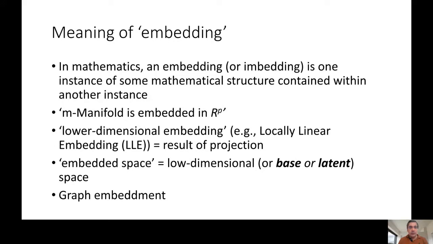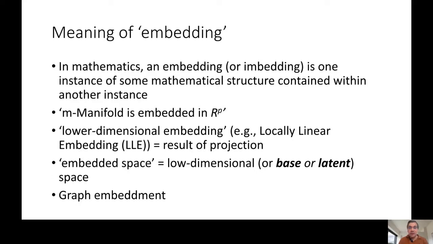A frequent word used when we read about manifold learning is the word embedding. And once again, people use this word in several different meanings. The general mathematical definition of embedding is a situation when some mathematical structure is contained within another mathematical structure.